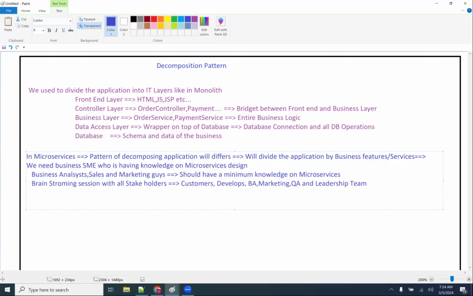So typically we are going to have a brainstorming session with all the stakeholders. We will see the possibilities, how best we can divide that application, and come up with different ideas. So in the decomposition pattern, all the active persons will participate in a brainstorming session, and they will start this particular task.